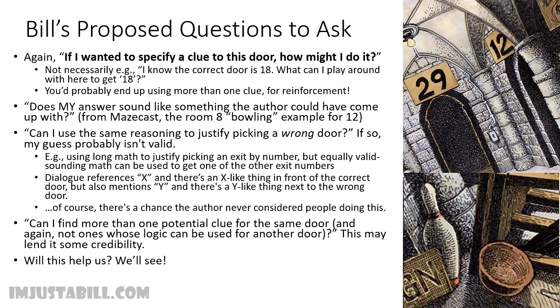But just to finish up here, another question to ask yourself is, can I find more than one potential clue for the same door? That may lend it some credibility. Because if you wanted to indicate a specific door, you probably would want to put more than one clue in there, wouldn't you?